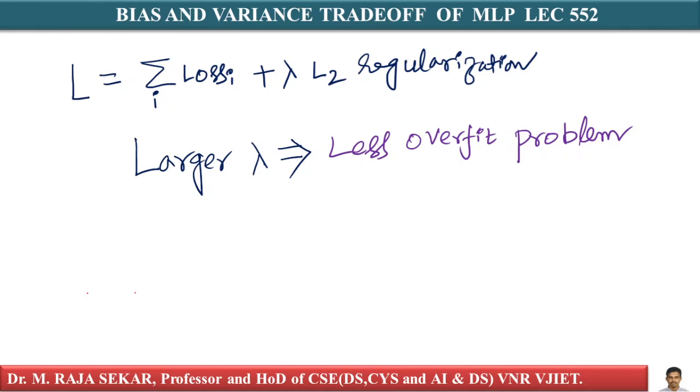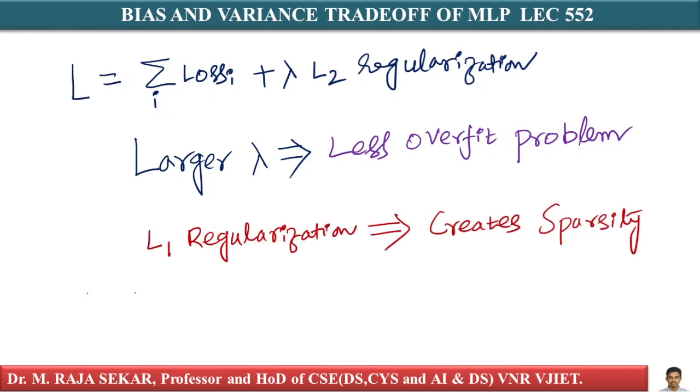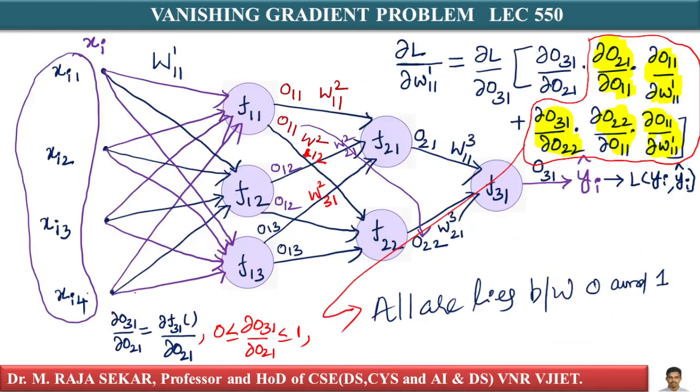Just like in logistic regression or linear regression, we are adding a regularization term, isn't it? If you use L1 regularization instead of L2 regularization, it creates sparsity, isn't it? What does sparsity mean? There will be some weights which will become 0. If a weight is 0, what happens from a neural network perspective? The edge is disconnected.